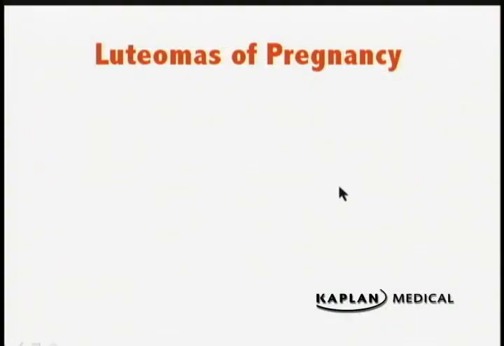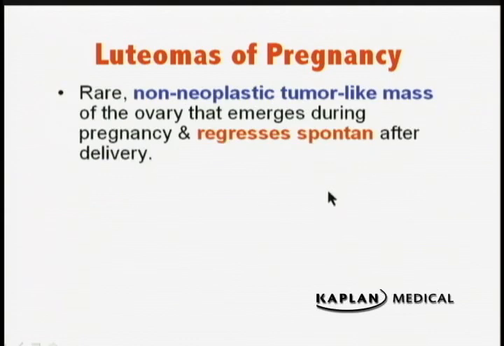Luteomas of pregnancy are physiologic enlargements, and these are bilateral. They are rare, non-neoplastic tumors. That's non-neoplastic, they will not become cancerous. And they are tumor-like masses of the ovary that emerge during pregnancy, regress spontaneously, and you don't need to do anything about them.